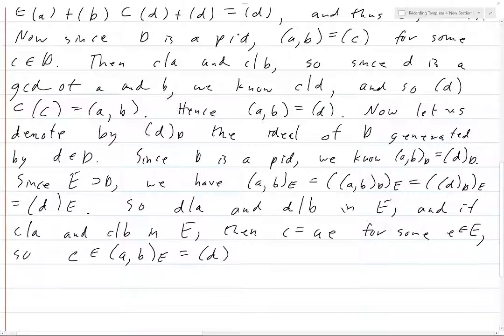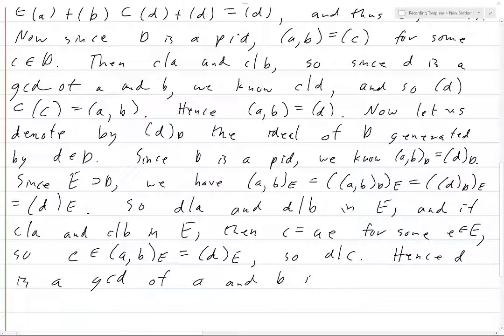But this we know is equal to this. So D divides C, and hence D is a GCD of A and B in E. And that's exactly what we wanted to prove, and so this completes our proof.